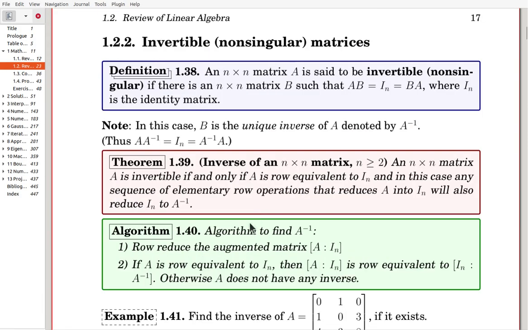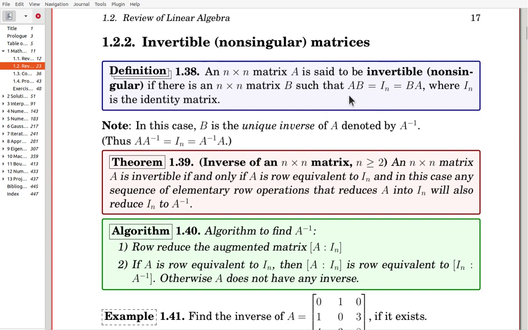Okay, here we have invertible or non-singular matrices. A square matrix, where the number of rows and number of columns are the same, n by n. A square matrix A is invertible, non-singular, if there is a matrix B such that AB and BA are the identity.